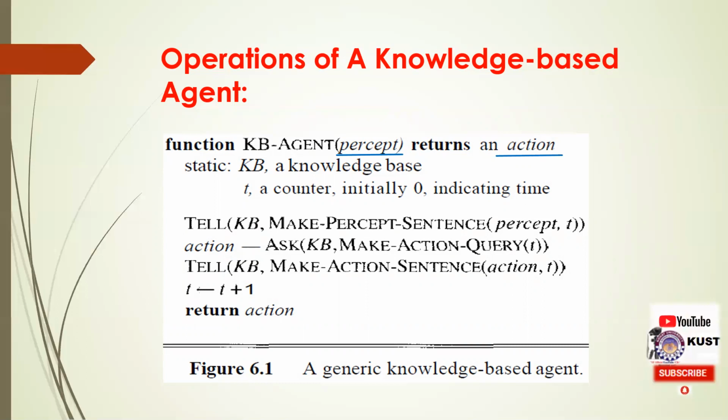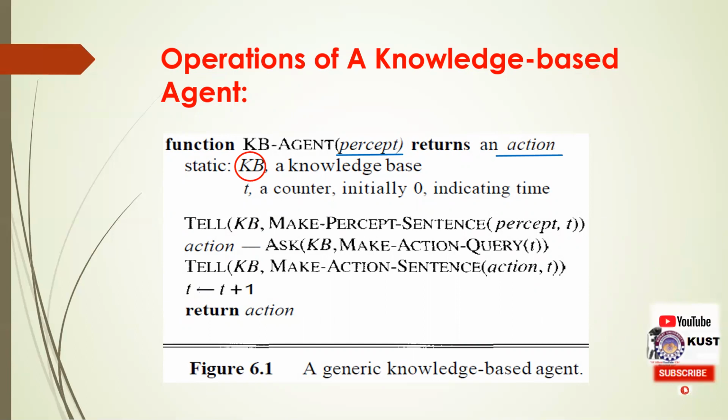Percept is any information, any facts that the agent senses through its sensors. So the agent maintains a knowledge base which may initially contain some background knowledge. It may be empty or it may contain some information related to the environment or to the problem.